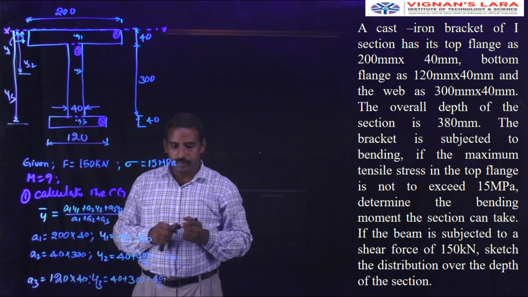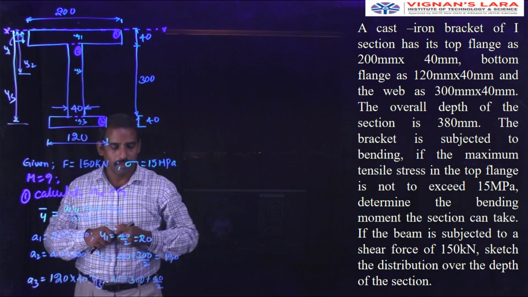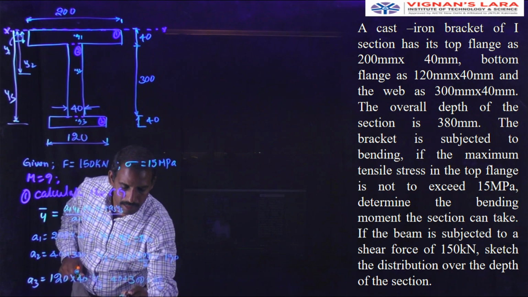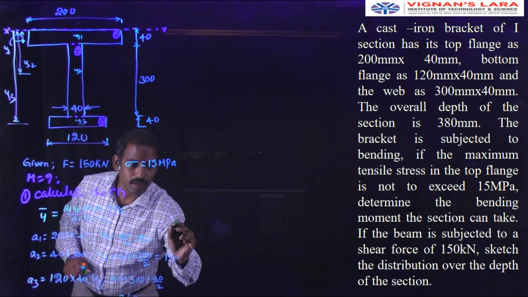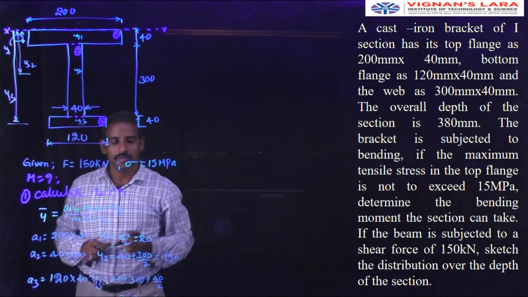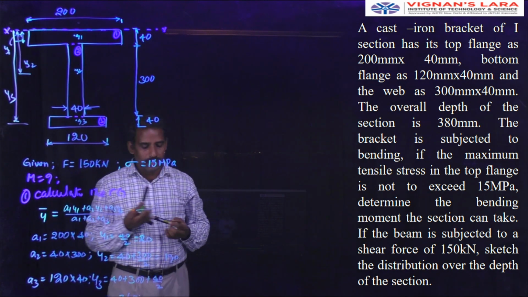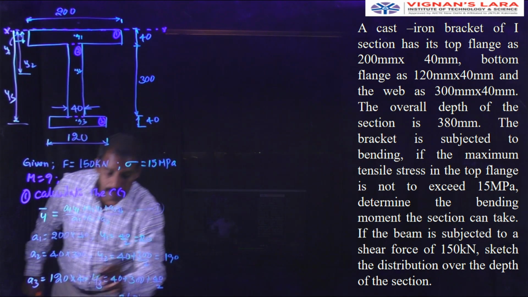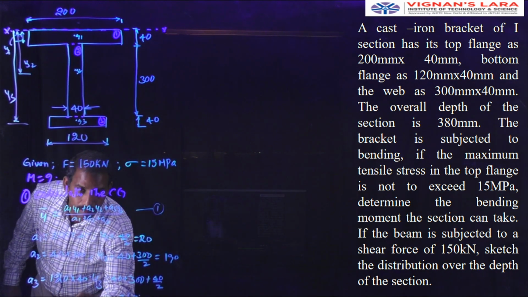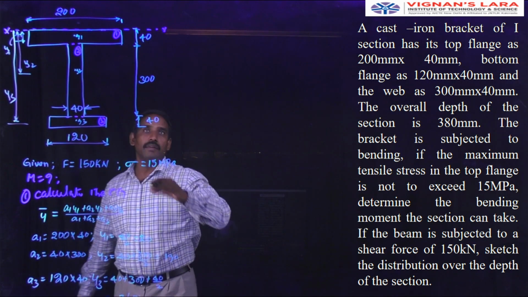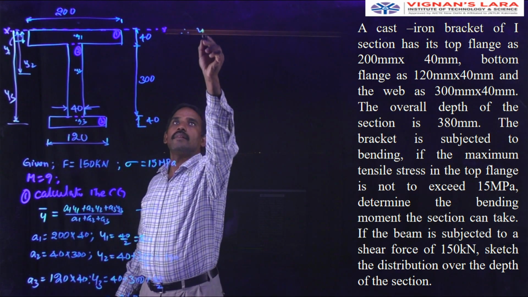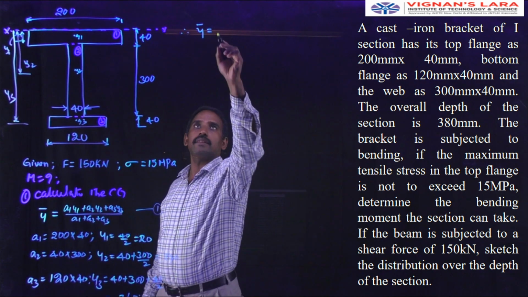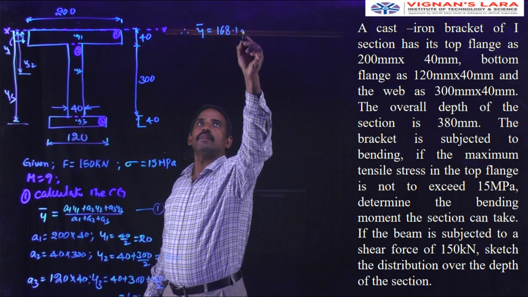So Y3 becomes 340 plus 20, that is 360. We know all the values, substitute all these values. Finally the y bar is 168.1 mm.